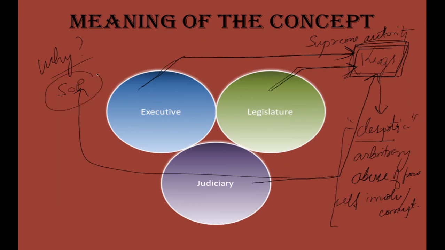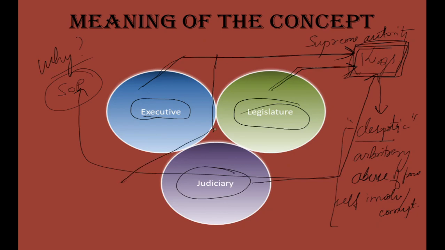Now, if you have the powers of executive, the powers of legislative, and the powers of judiciary vested into separate organs, then this despotic, arbitrary, or abuse of power rule will be somewhat curbed. And this is the need for separation of power. So now if you want to complete the meaning of separation of power, you can write it like this.